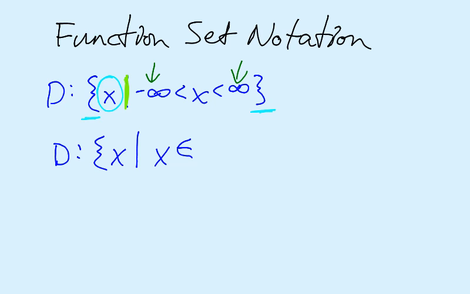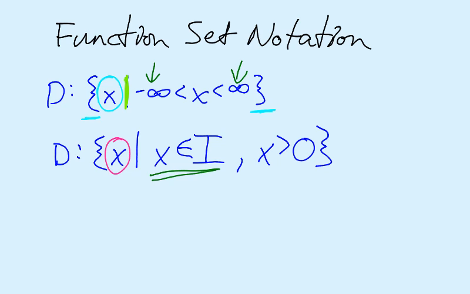So x is, and I can say that x is I. Okay, and x is I with x is greater than 0. So what the heck does that mean? Specifically, this means that I am dealing with x. Okay, it is domain, so that makes sense. This part right here means that x is an integer. Okay, has to be a whole number. If it's not a whole number, it's not part of the domain.